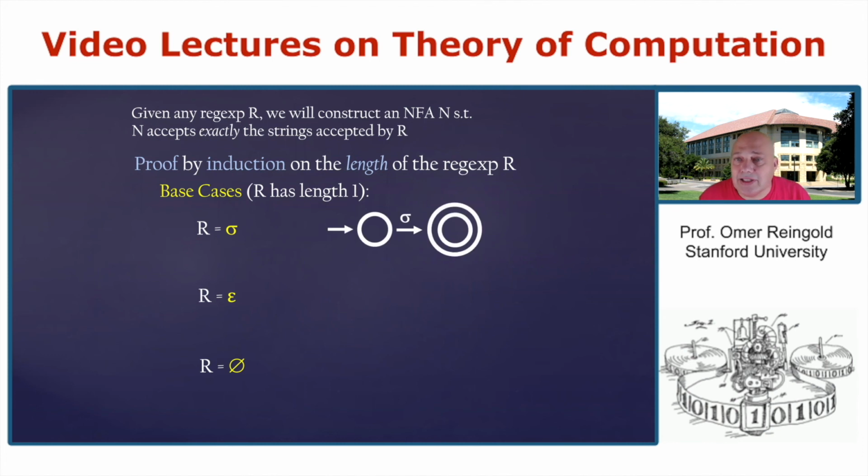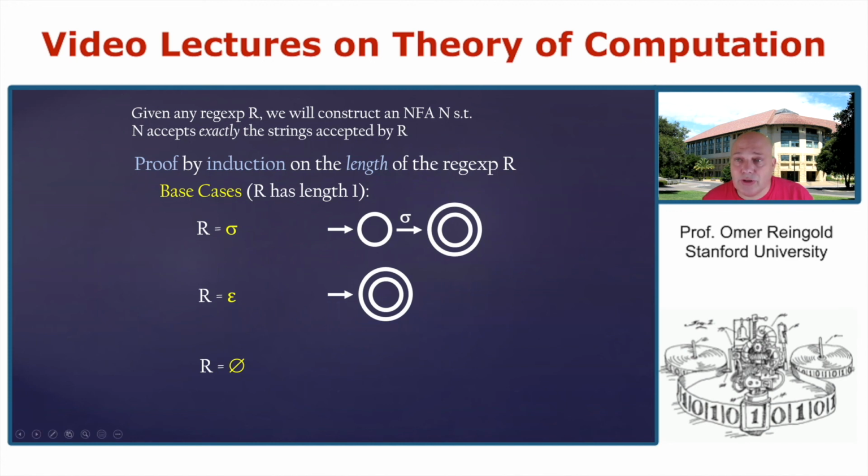Each one of them has an NFA. So this is a nondeterministic finite automaton that only accepts the symbol sigma. This is the start vertex. You can only take a step with sigma and reach an accept state, and nothing else has a corresponding path. For accepting the empty string, we have this NFA, and the only thing that it accepts is the empty string.